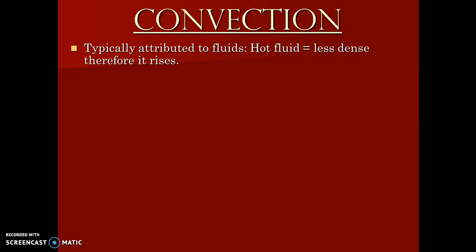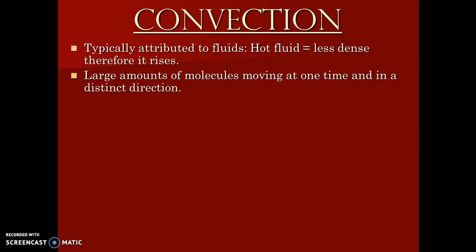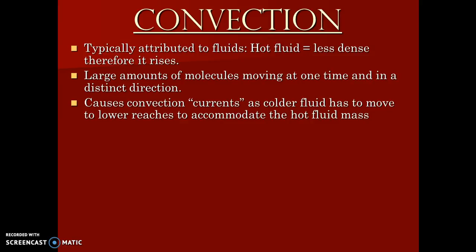So really the idea is that when fluids are heated, they become less dense and they tend to rise. So if you get a whole bunch of molecules moving at one time within a fluid, so a whole bunch of gas particles or a whole bunch of water molecules, it causes what are called convection currents.